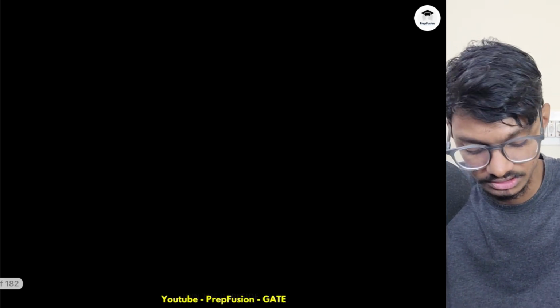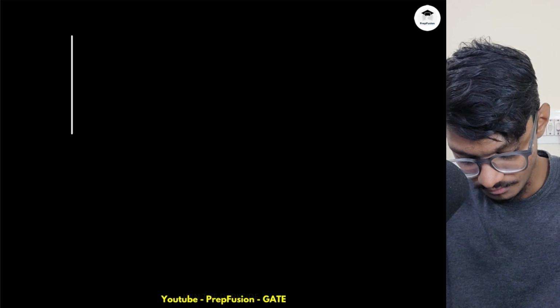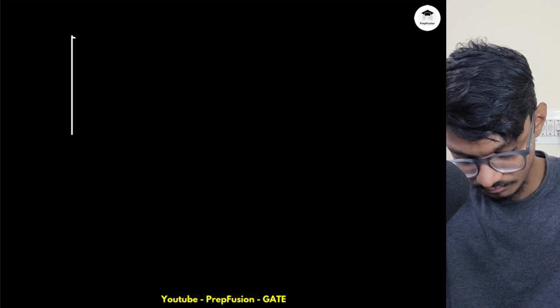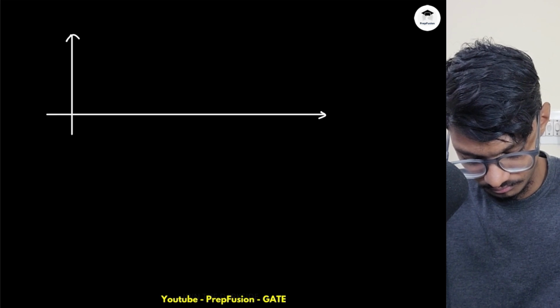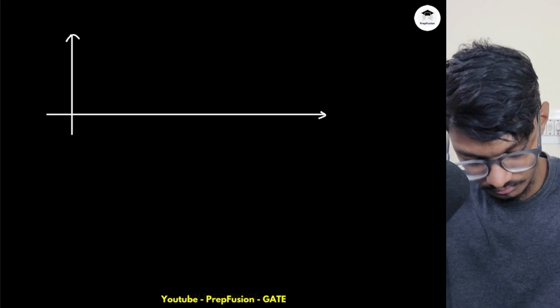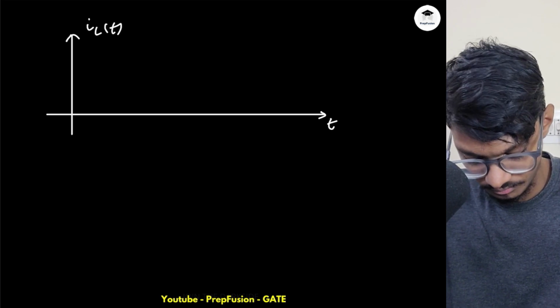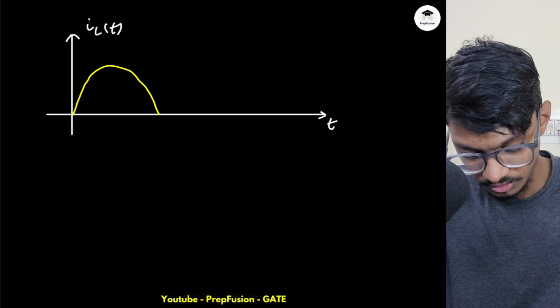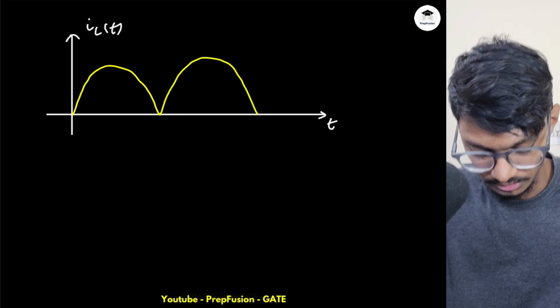If I draw the graph of this current, the graph will look something like this. 1 minus cos omega t behaves like this.